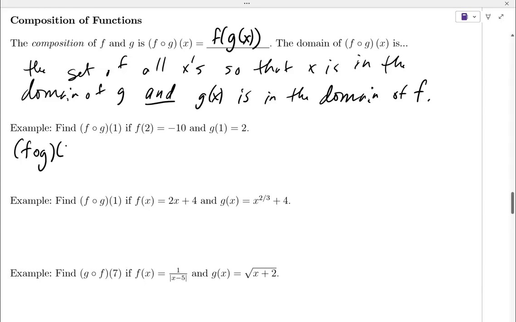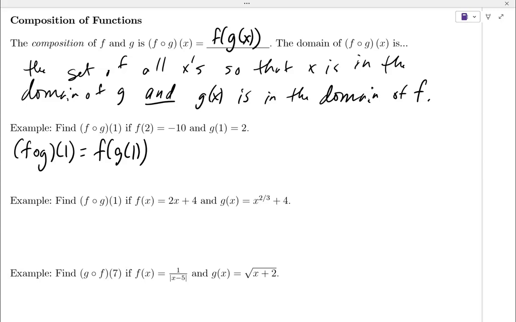Again, according to the definition, what is F composed with G of 1 equal to? F of G of 1 in this case, because we replace the X with the 1. When it's written this way, where does the 1 get plugged into first? The G, right?